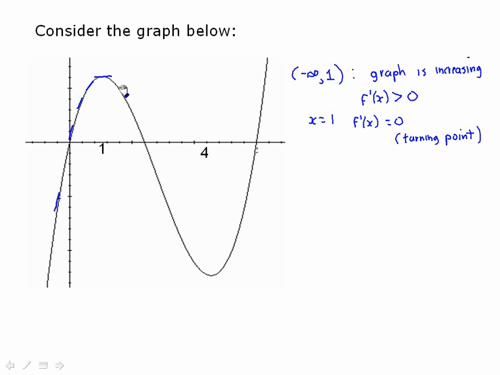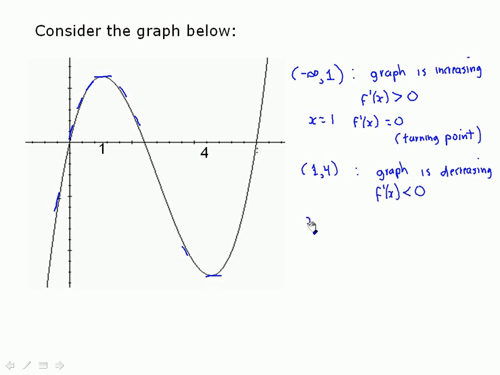And then for this next interval, all the way to 4, we could say 1 lower limit, 4 upper limit, non-inclusive. The graph is decreasing. And f prime at x is going to be negative, so less than 0.